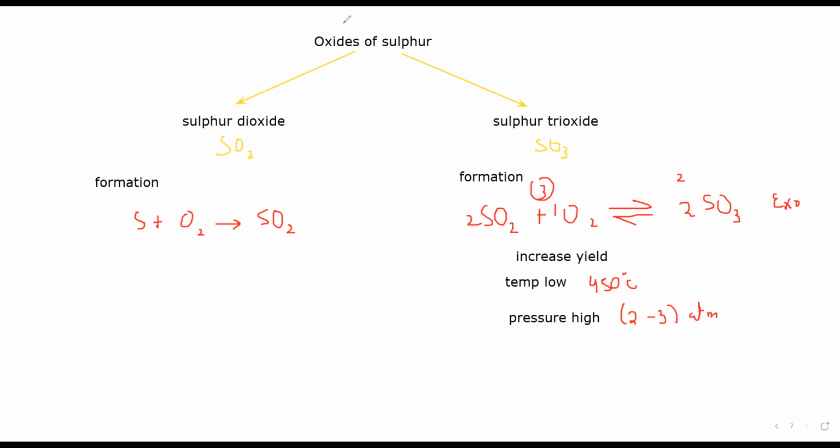And to speed up the rate of the reaction, we use a catalyst, which is vanadium pentoxide or V2O5.